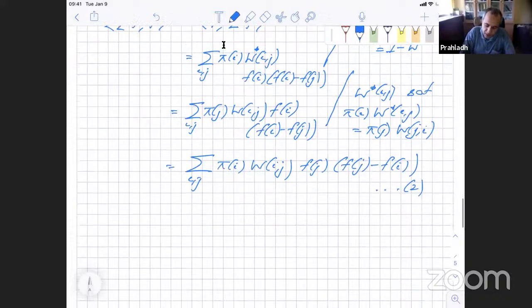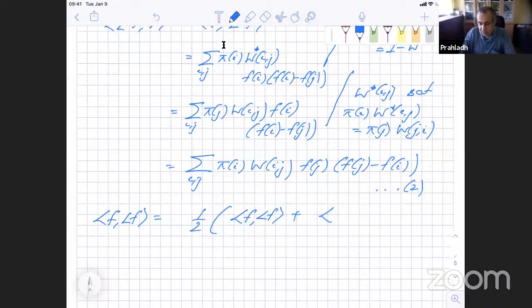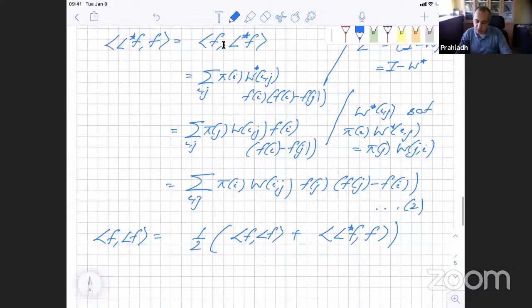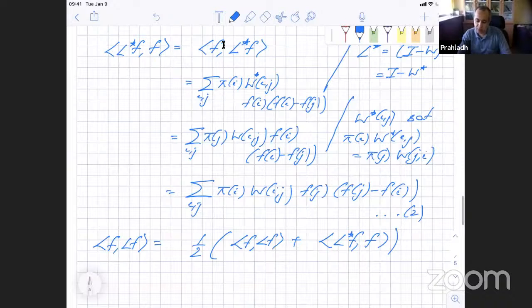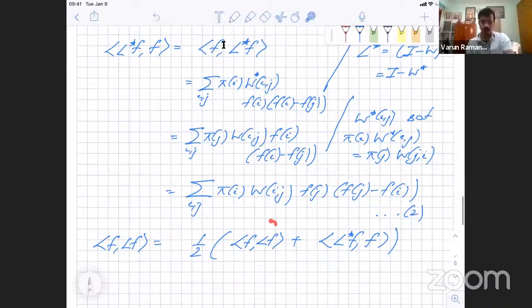So now let's go back to FLF. FLF, we had defined it to be half of FLF plus L star F. By definition, it is this. This is true for any random walk. But now I calculated both this quantity and this.